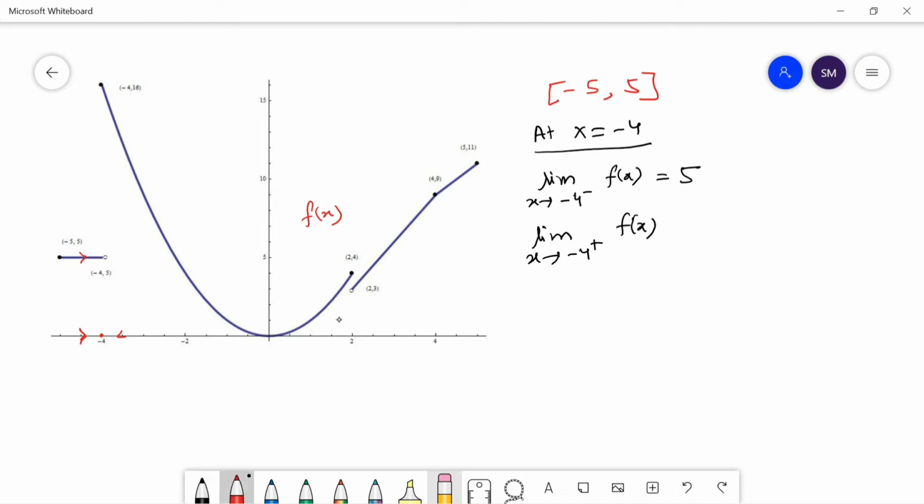When you come from the right hand side, this curve is going here, so the value is equal to 16. And the limit exists only if both are equal, so this implies limit x tends to minus 4 f of x does not exist.